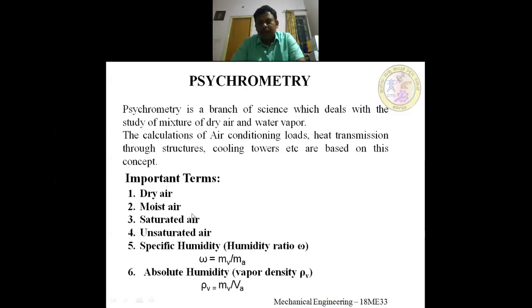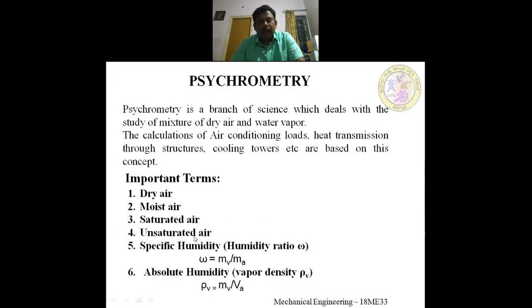Moist air is nothing but dry air plus water vapor. Atmospheric air is a moist air, which is a mixture of dry air plus water vapor. Next one, saturated air is the air which contains the maximum amount of moisture that air can hold for a given pressure and temperature.